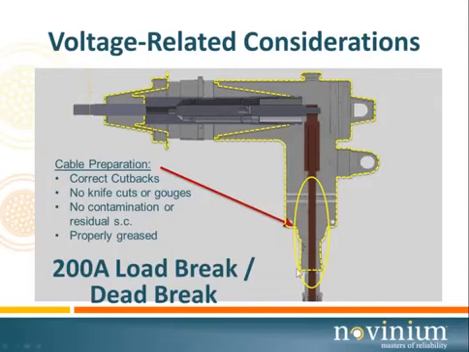In particular, that grease is going to build up on the right in this area where the semicon terminates, and as you're sliding the housing on, it's going to push the air out of that area. So it makes a much better connection. So we want to make sure that that cable is thoroughly and properly greased.